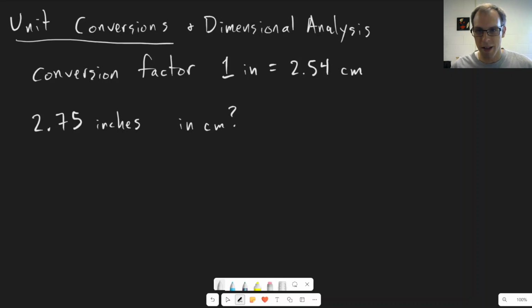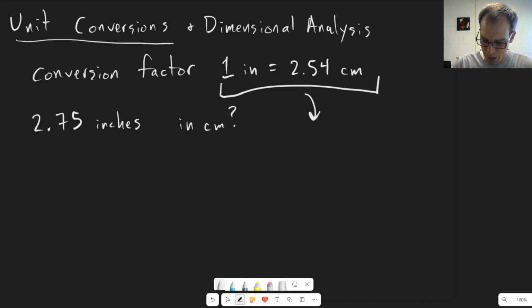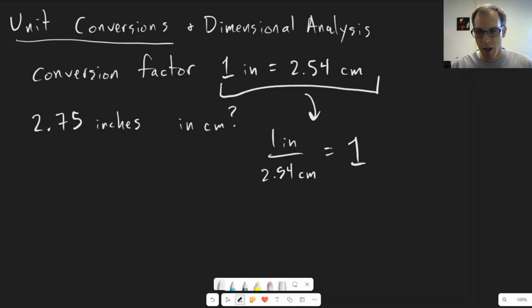And this is where the idea of dimensional analysis comes into play. This conversion factor right here, we can rewrite as a fraction, where we have 1 inch on the top and 2.54 centimeters on the bottom. Because those are equal to each other, this is just equal to 1. So if we have a value and we multiply it by this fraction, including the units, it won't change that value.